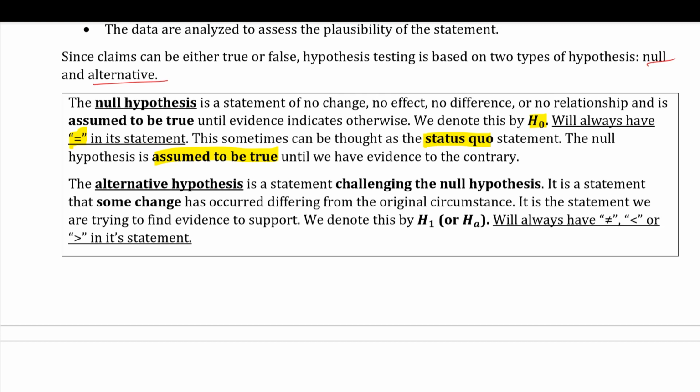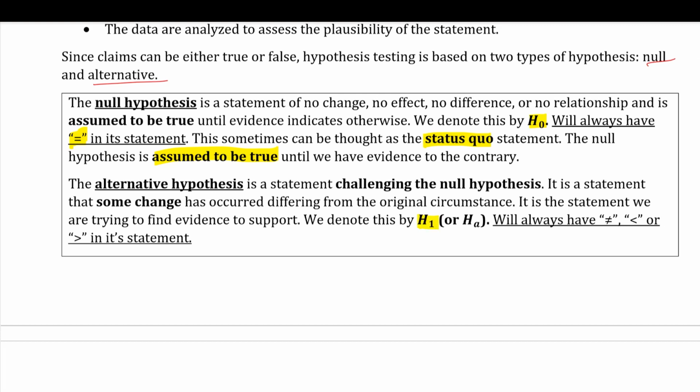Now, the alternative hypothesis is some sort of hypothesis that challenges the null hypothesis or challenges the status quo. It is a statement of some change that has occurred differing from the original circumstances. So the alternative hypothesis is a statement that we are trying to find evidence to support. We denote this as H1, H sub 1.